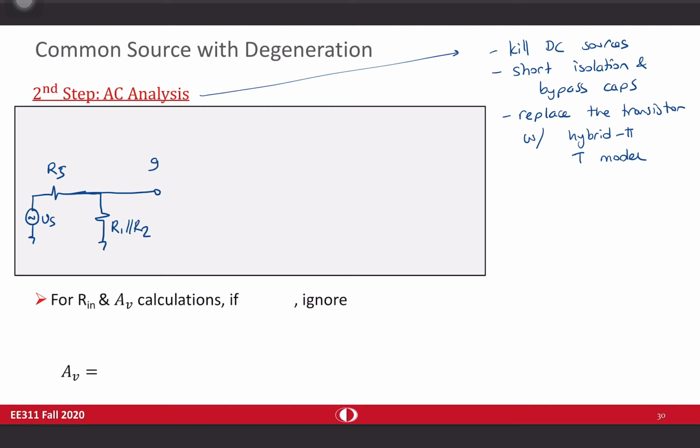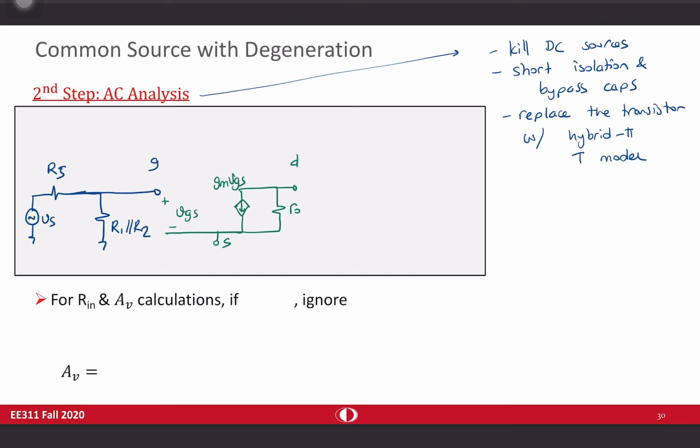I'm going to use this small signal hybrid pi model for the transistor. Use the node names: drain, gate, and source. GM, VGS, R0, source.